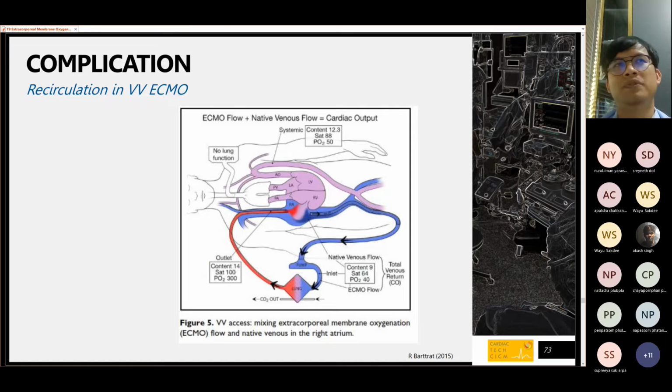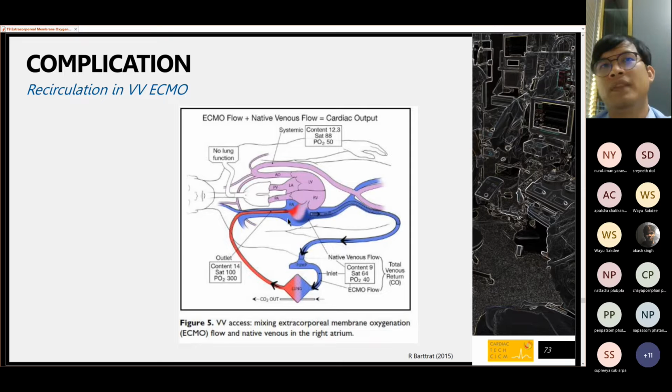However, when using VV ECMO, in most of the conventional settings before the dual cannula came, or with some limitation in some hospitals, they tend to put the venous cannula inside the femoral vein here and return the oxygenated blood to the neck, as we see here.